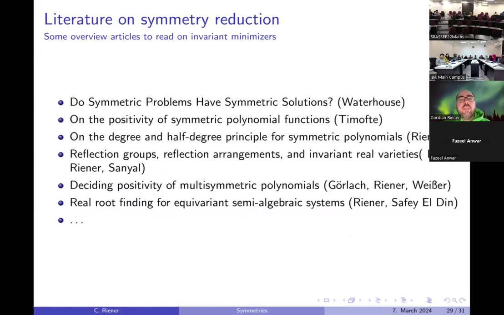Another very nice thing to read is the first article here, "Do symmetric problems have symmetric solutions?" If you have an optimization problem, what do you know about the optimal solution? This is a very nice read by Waterhouse in the Monthly. I really recommend reading this.